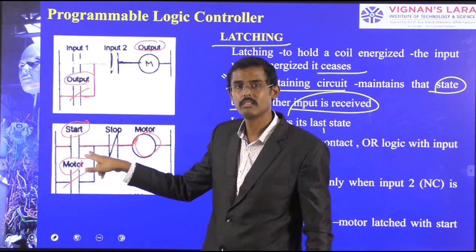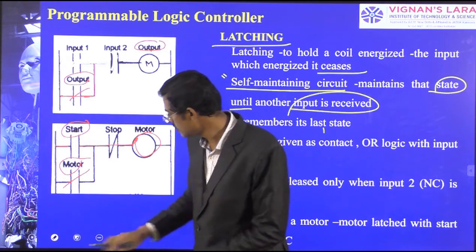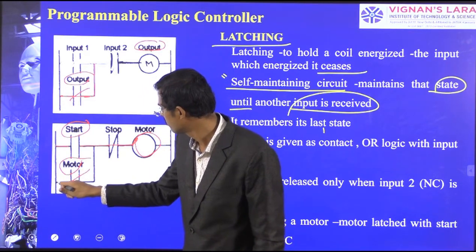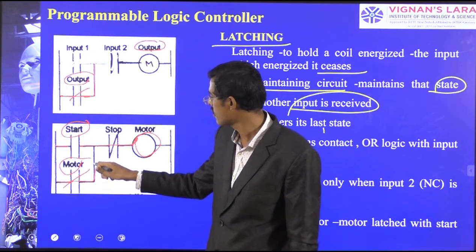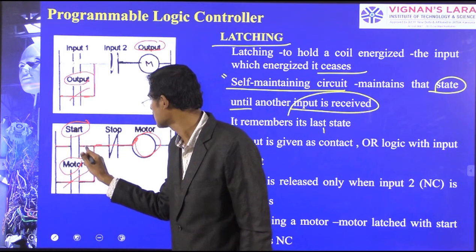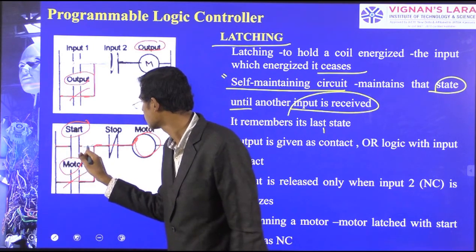Power is not going through here. How does the power go then? The power is going through this way. This path is disconnected, so this path is not there.